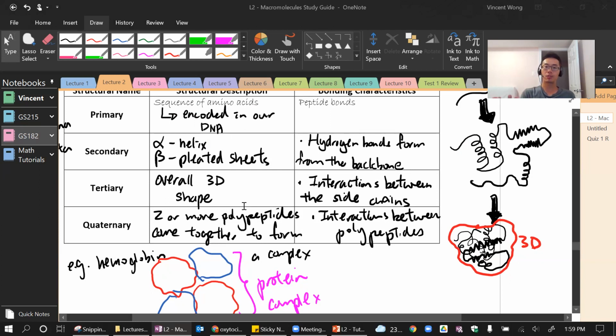However, I also mentioned that there are many different amino acids, 20 of them, and some of them share similar properties. So if I replace one nonpolar amino acid with another nonpolar amino acid, maybe it's going to be okay, because the replacement has similar properties. Maybe it's not going to have a big effect.